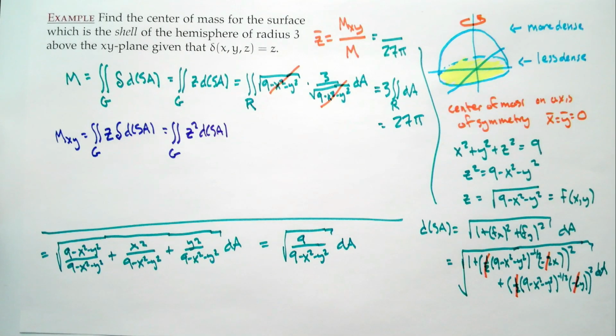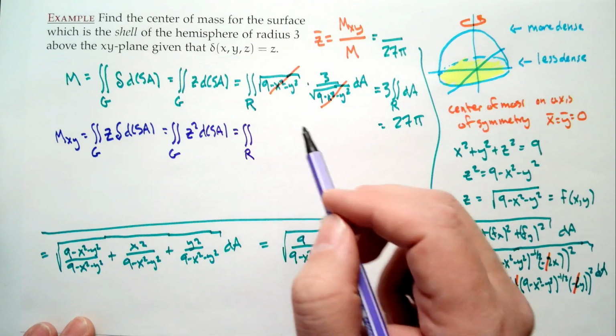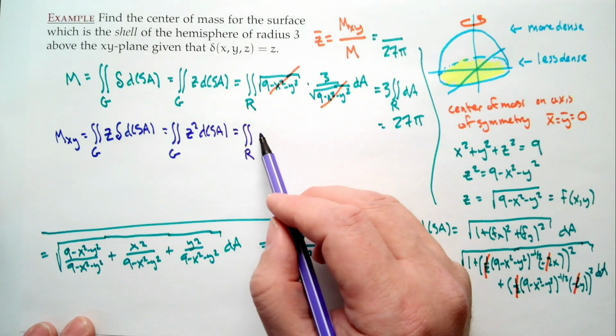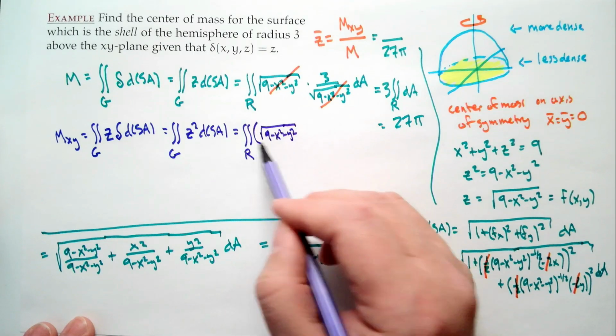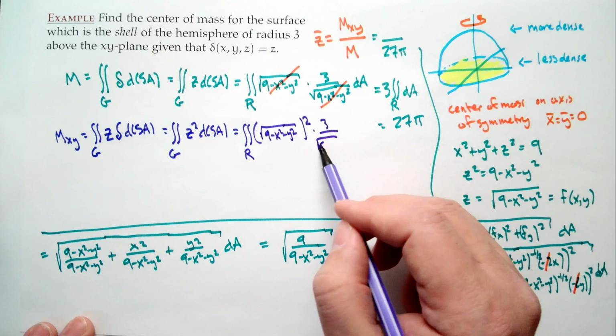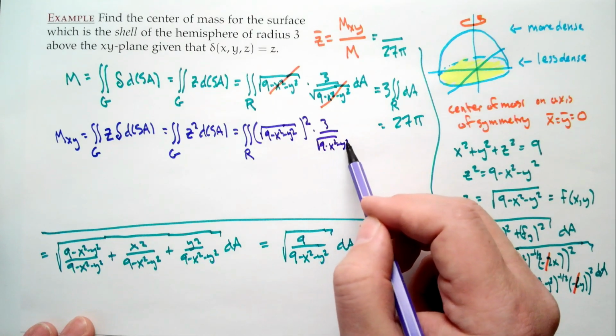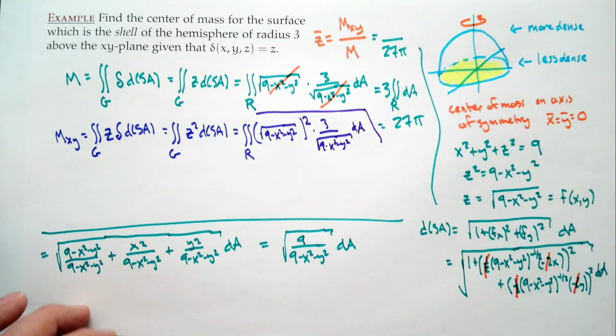And if you do this integral, you say, okay, that's the integral over our region of the square root of 9 minus x squared minus y squared, squared, times 3 over the square root of 9 minus x squared minus y squared dA. Yes? Now I can do a couple things.